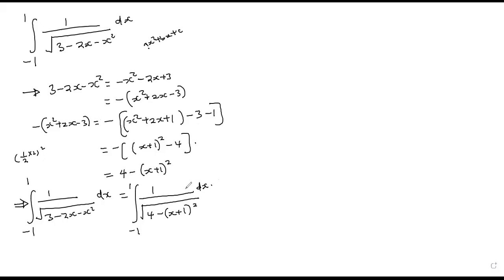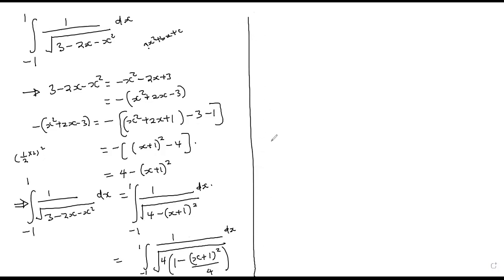So it is from this perspective that we shall say this is the same as the integral from negative 1 up to 1 of 1 over, here we shall factorize out a 4 because we need a 1. So we shall say the root of 4 into, there is remaining 1 now, minus, for the case of this, it will be x plus 1 squared, then out of 4. So that when you multiply by 4, it keeps the same, then dx. Then from here, that is when you can continue progressively as we've been seeing.